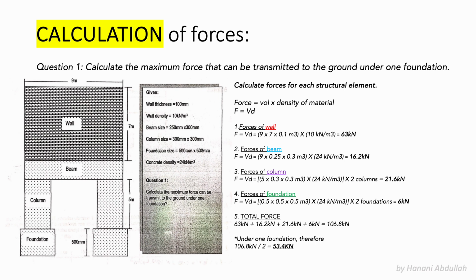So convert lah millimeter kepada meter, kita akan dapat 0.1 meter. And then tu untuk volume wall. Density dia 10 kN per meter cube, dah ada dekat given information here. So you total up, dapat force dekat wall 63 kN.